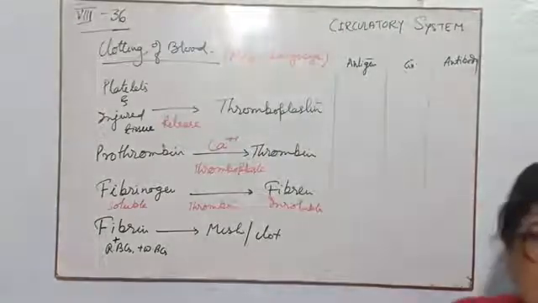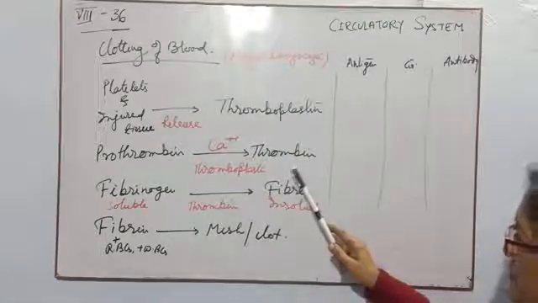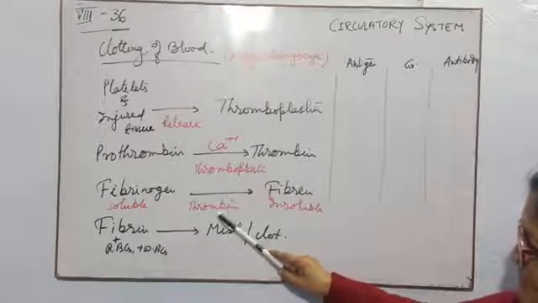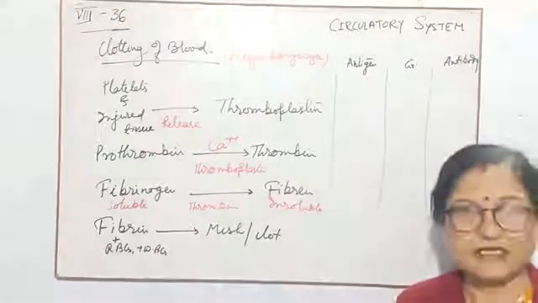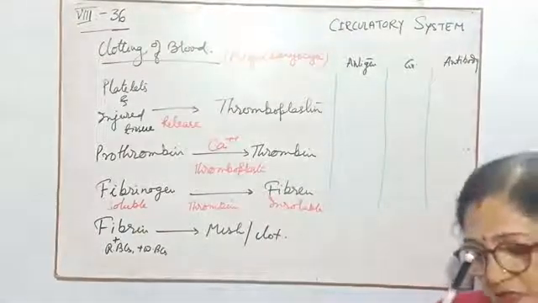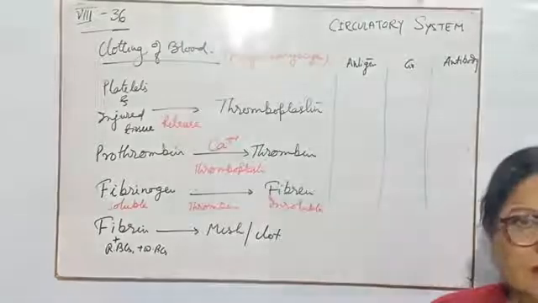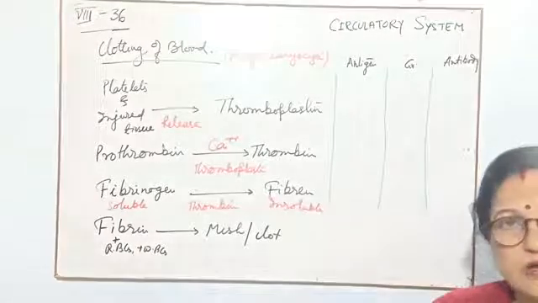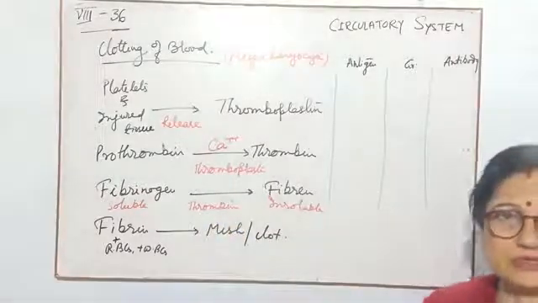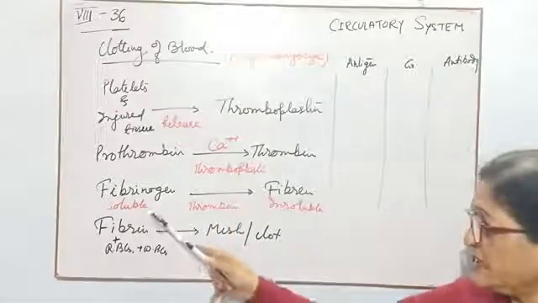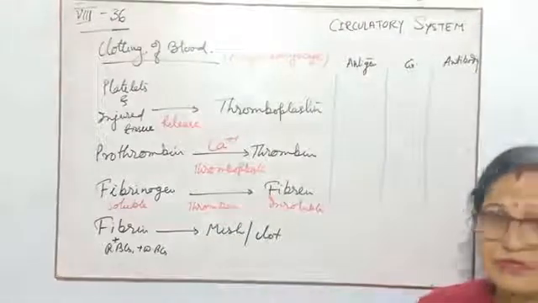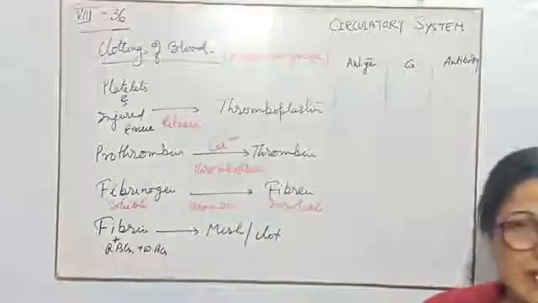Now come to the third step. In the presence of thrombin in our blood, there is one soluble protein, that means it is soluble in our blood, and we can't take it out from outside. Its name is fibrinogen. See children, here also it has gen at the back, so this is also an inactive form.